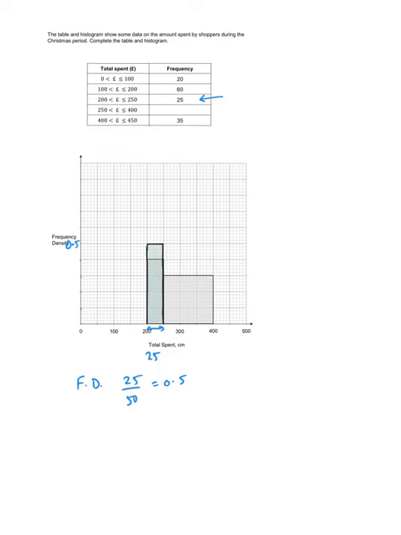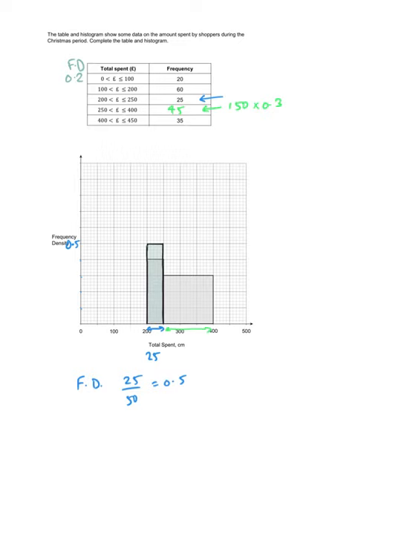Now to look at finding that frequency, like we need to up here, the class width is 150. The frequency density is 0.3. So I'm just going to do 150 times 0.3, which is 45. So to finish this off, if we think about frequency densities, this is going to be 20 divided by 100, so 0.2.